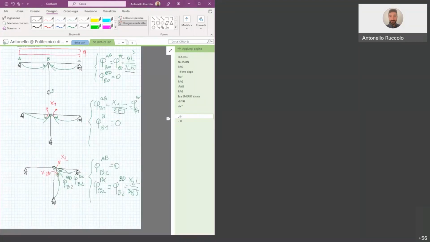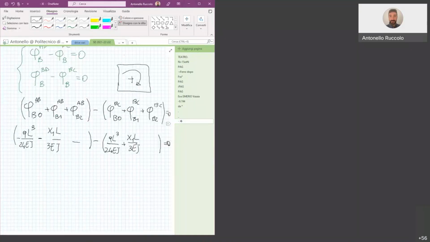Then we need the second term, which was phi B2 in AB and phi B2 in BC.